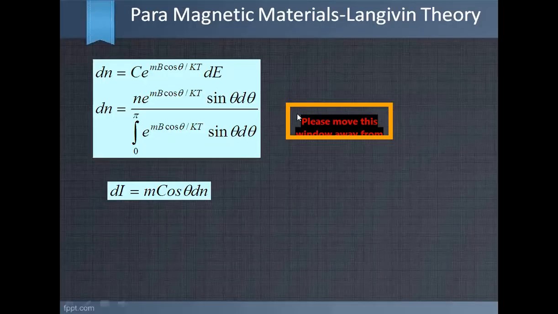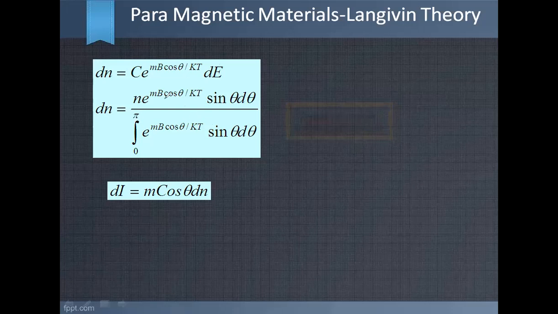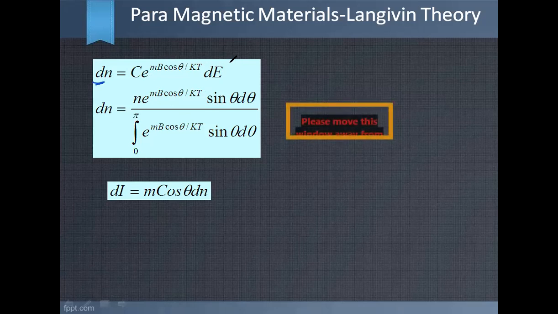Right. So we copied that one earlier. So you can see here, same thing as it is. dn is equal to C e power mb cos θ by kT. We got dn, so this is there, right?